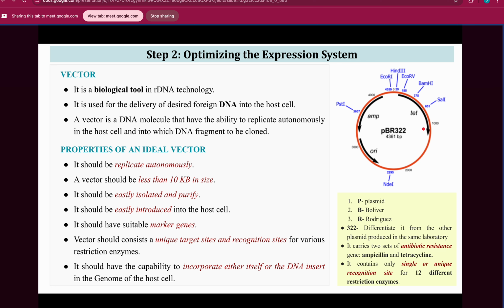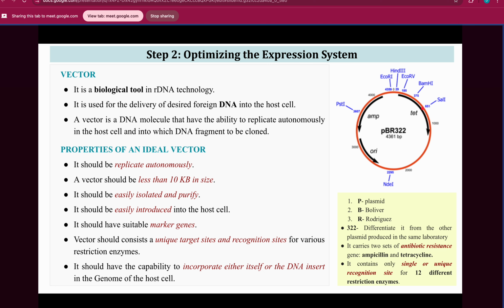So when we provide a medium with tetracycline, the plasmids which contain the recombinant DNA, with the gene of interest, will die off. In that way we can distinguish whether our plasmid has taken up the gene of interest or not.